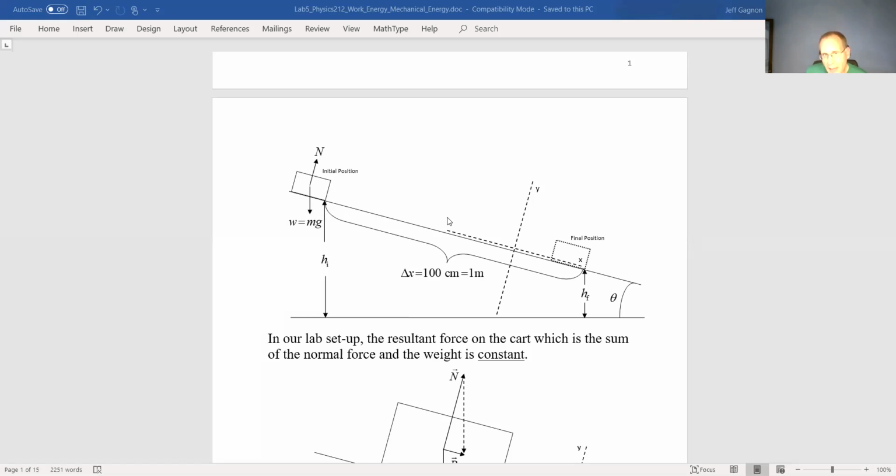It's going to accelerate down the air track, and eventually it'll pass this final position, and it will have undergone a displacement along the track of 1 meter, right? 100 centimeters, which is 1 meter. And ultimately what we want to do is calculate the work done by the net force on that cart as it goes down the track. So the net work done as it undergoes that displacement of 1 meter down the track.